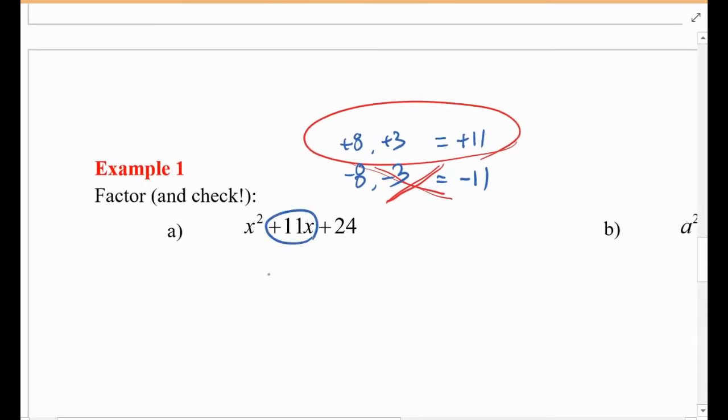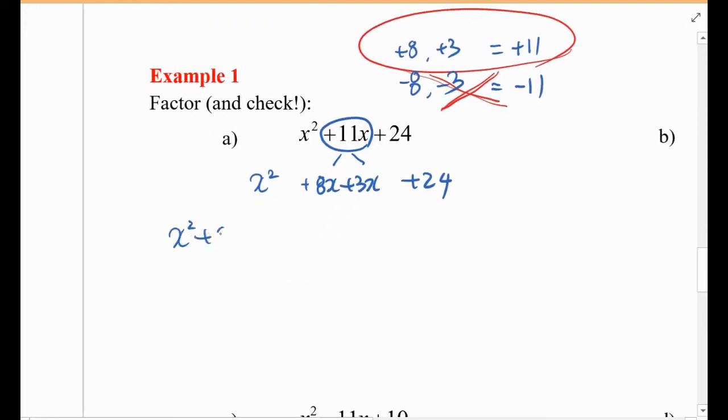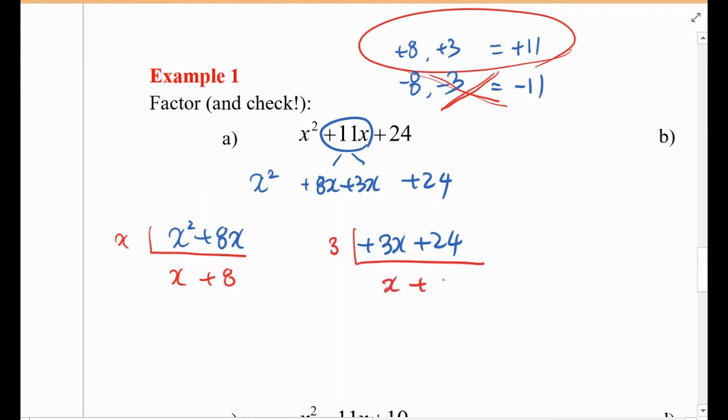Again, we're going to use the decomposition method. 11x becomes 8x plus 3x. So x squared plus 8x plus 3x plus 24. Now we're going to find the GCF, which is 3.